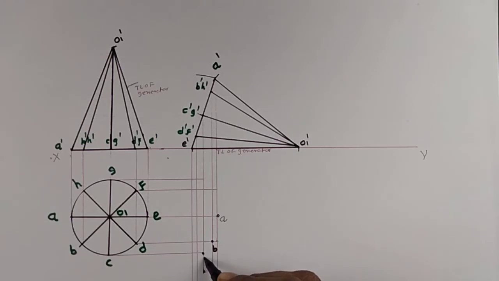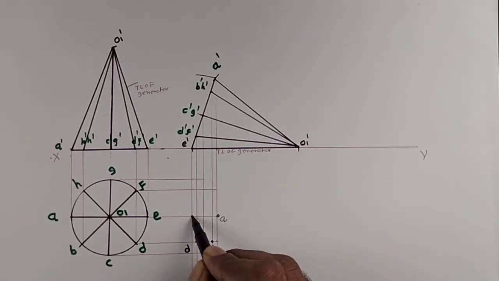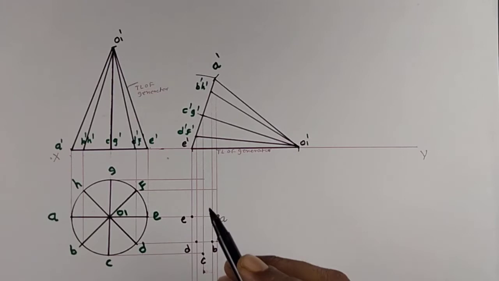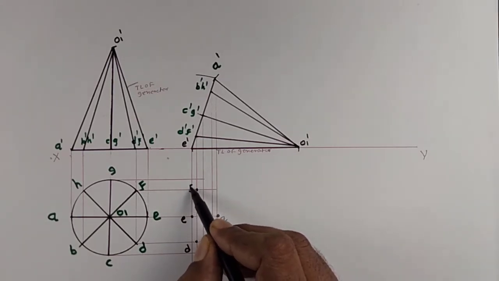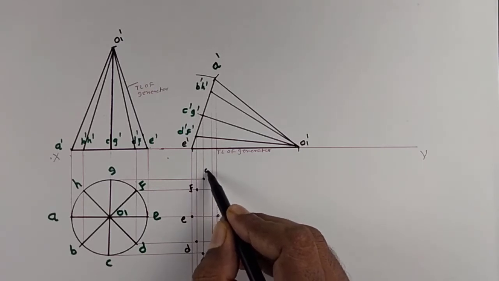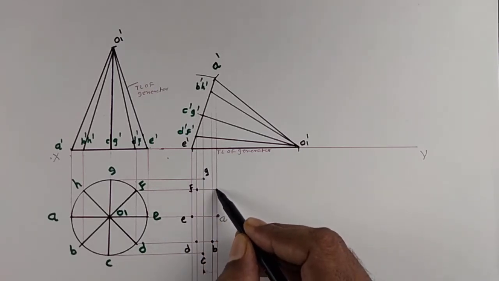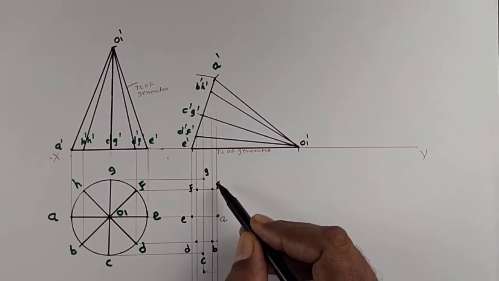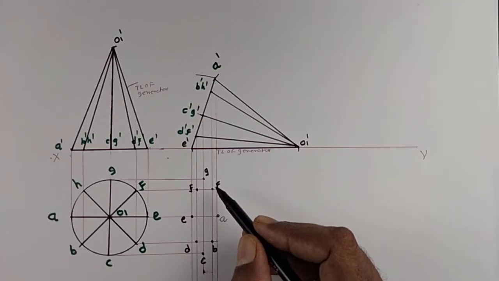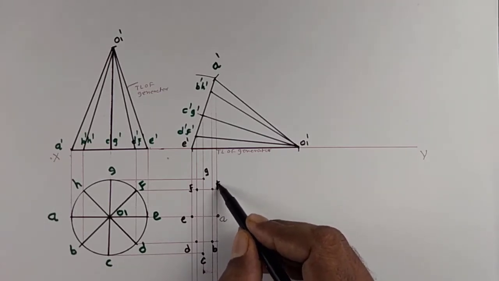This is our C point, this is my D, this is our E point, this is our F, this is our G, and this is H.